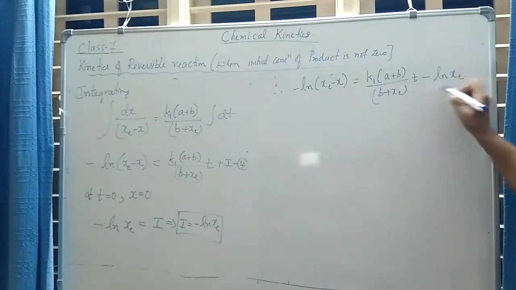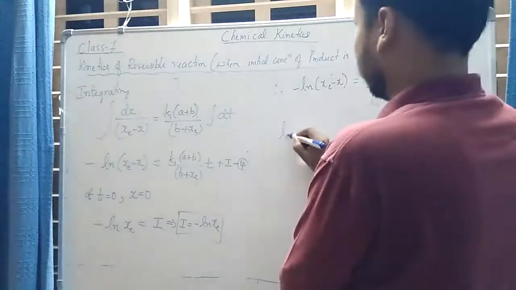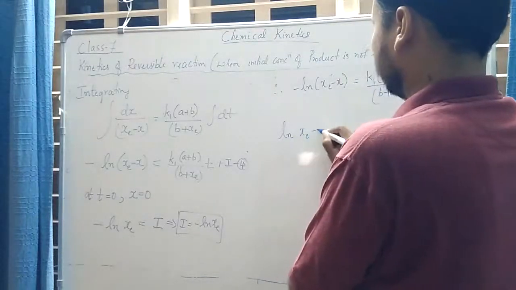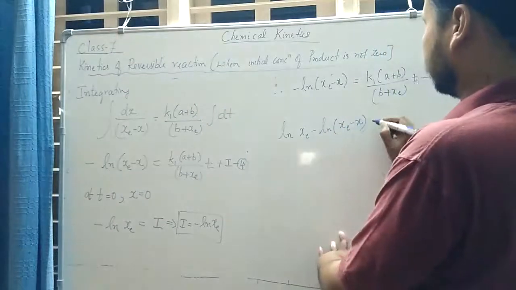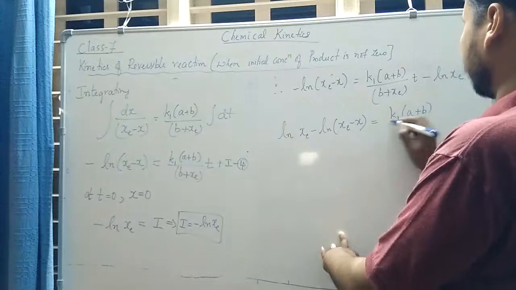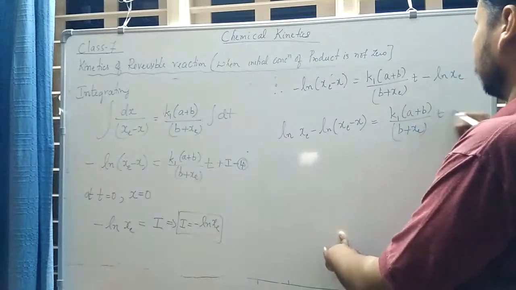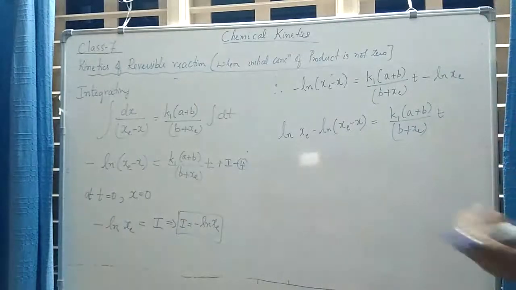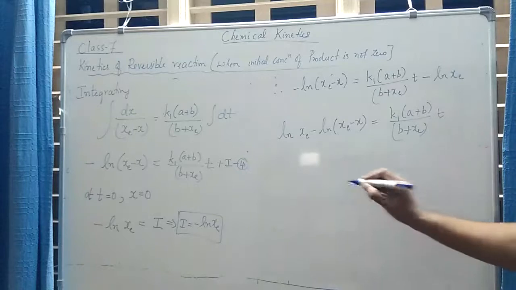If I shift this term to the RHS, this becomes ln xe minus ln of xe minus x is equal to k1 into a plus b divided by b plus xe into t. Let us apply the rule of logarithm: log a minus log b is log of a by b.